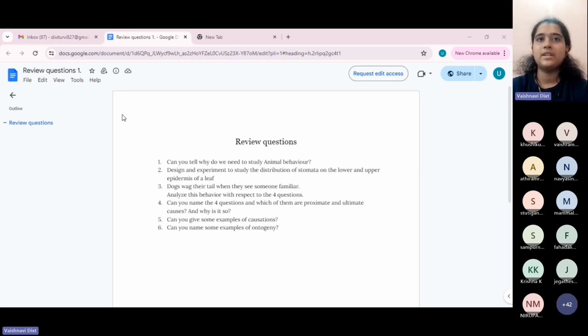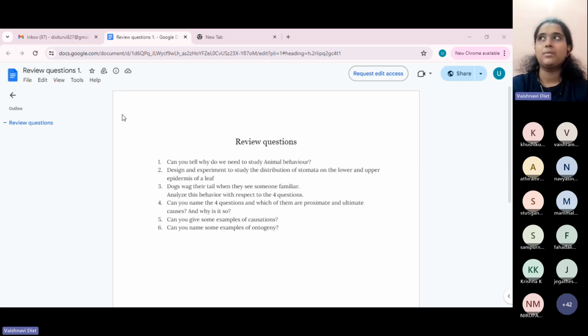Now, when you apply something, suppose you apply CoCl2, as was said, the stomata will get closed. And once the stomata get closed, there won't be any transfer of gases between the leaf and the surroundings. Hence, the leaf will not wilt.